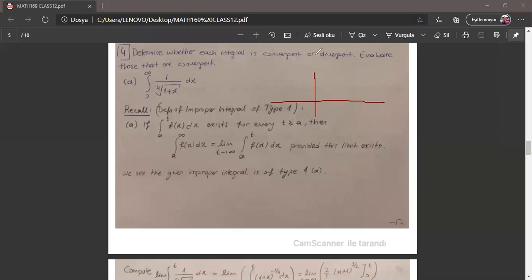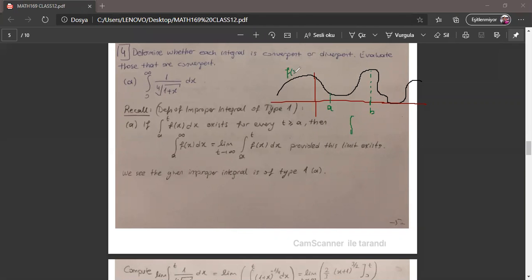Actually, the idea is this. So for example, you have some function, something like this. Suppose it's tangent to the x-axis. Okay, so we were computing the definite integrals before. We had boundaries before, a and b, something like this.